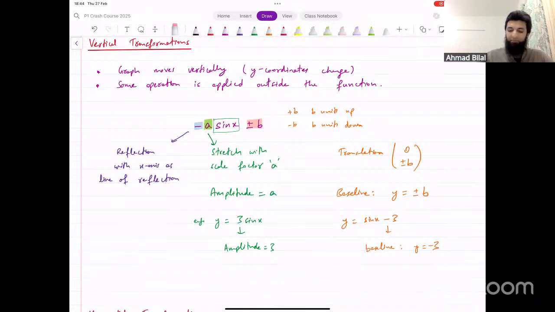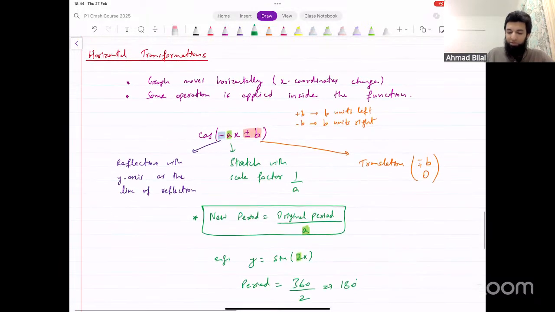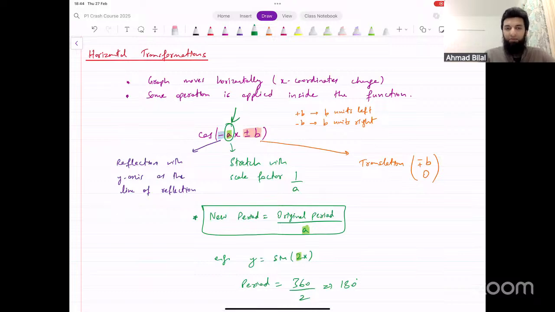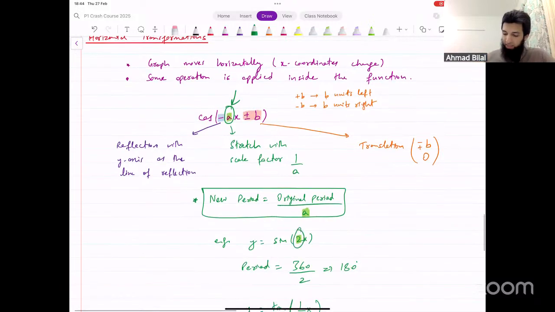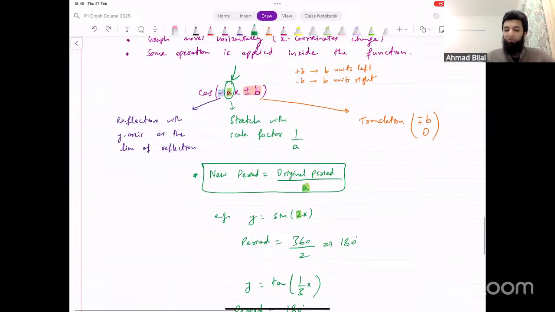Remember that? And in horizontal transformation, the number that's multiplying inside changes the period of the graph, right? So if you're multiplying by 2x, for instance, the period gets halved by that, okay? If you're dividing by 3 inside, the period gets multiplied by 3, okay? So that's something that you need to remember for trigonometric functions.